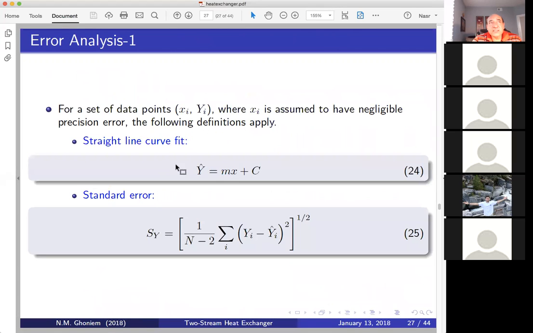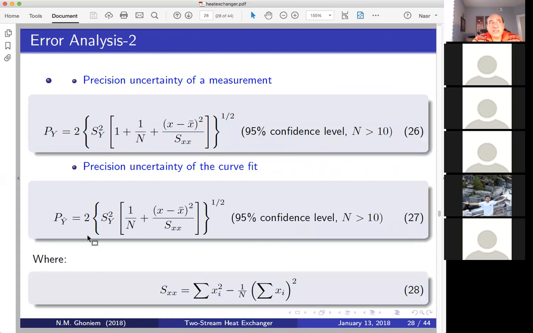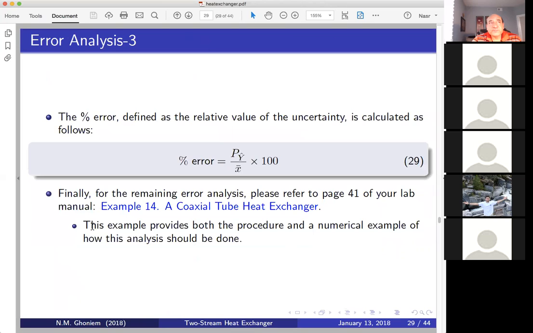So there's a little bit of error analysis for a curve fit. If you have a linear curve fit, you have in the manual how to find the error bar on the curve fit and make the data lie on that straight line and have this error. We have an example of it.